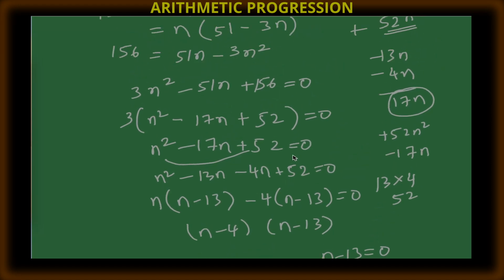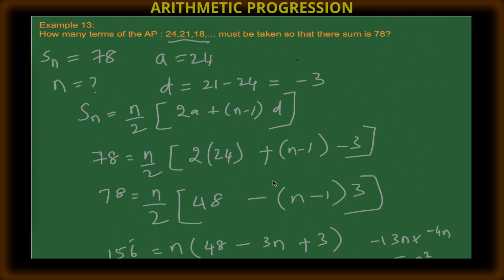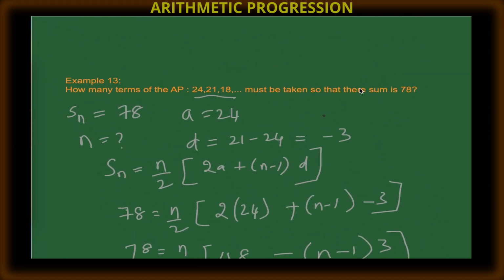So let's see at the top what exactly we are trying. So the sum to be 78, the term should be either one of these. Okay, how many terms of the arithmetic progression must be taken? So let's try to solve it further. Let me just erase all this.